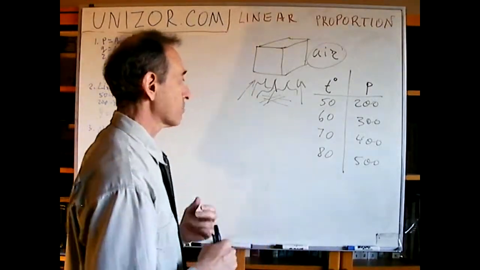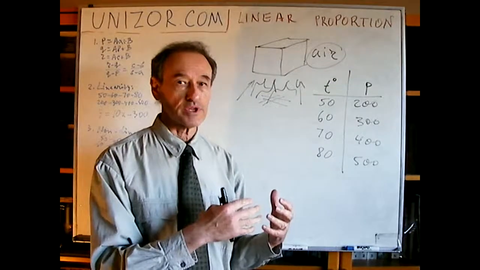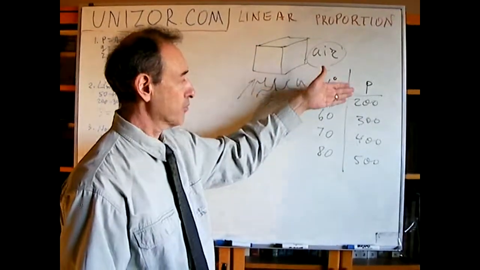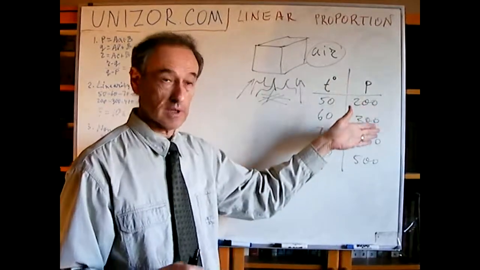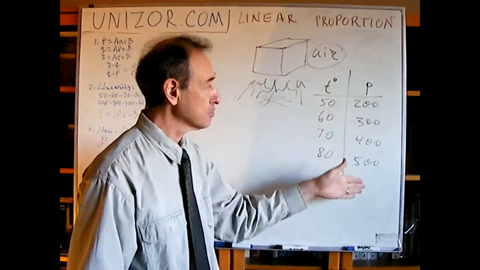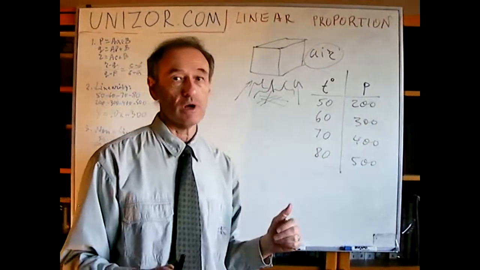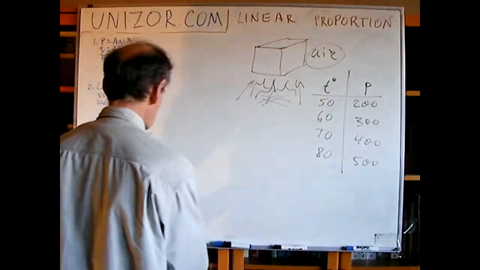Well, let's remember that we have that property of proportionality. If it's linear dependency, then there should be proportionality between the pressure and the temperature. So let's just check this proportionality.